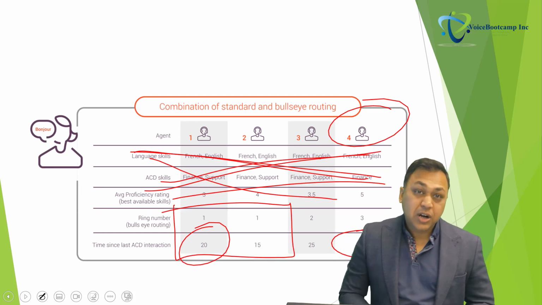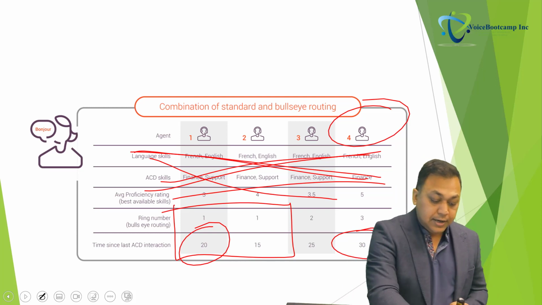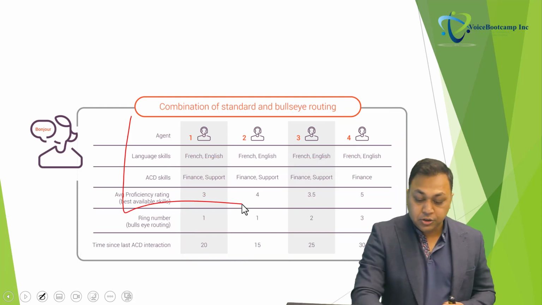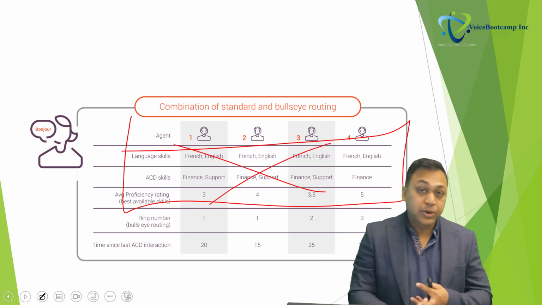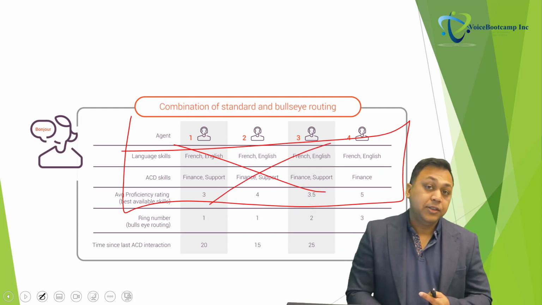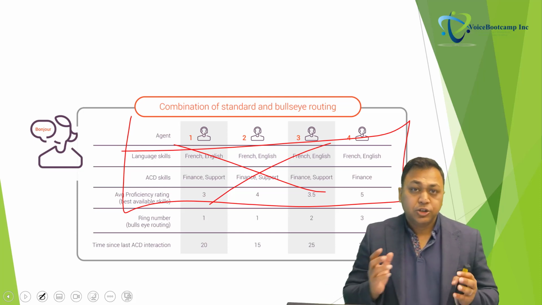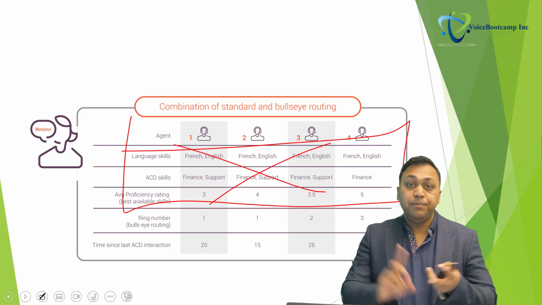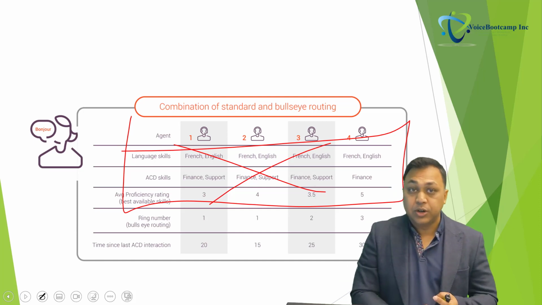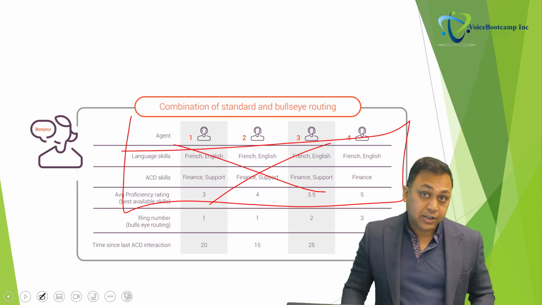But if you're disregarding the skills, in this scenario, the first 3 items will not be considered. Either the ring number will be considered or the idle time will be considered. So these are the 3 different options. You've got all available skills, best available skills, or disregard skills as far as selecting your agent.